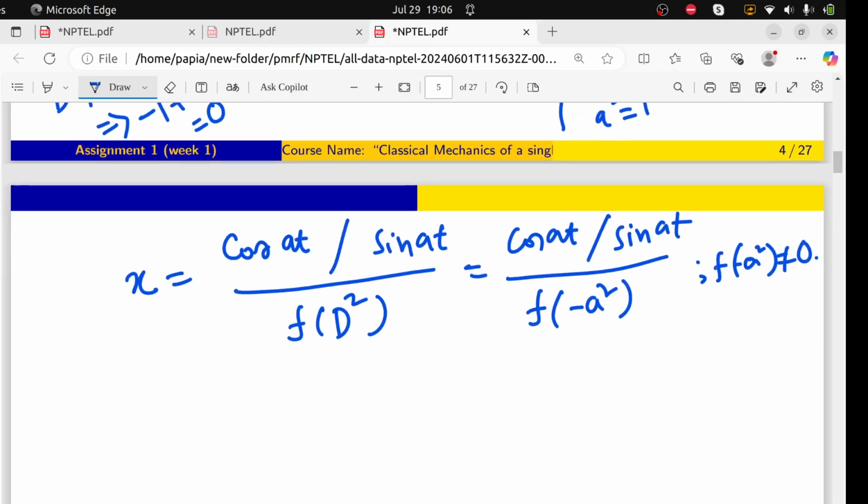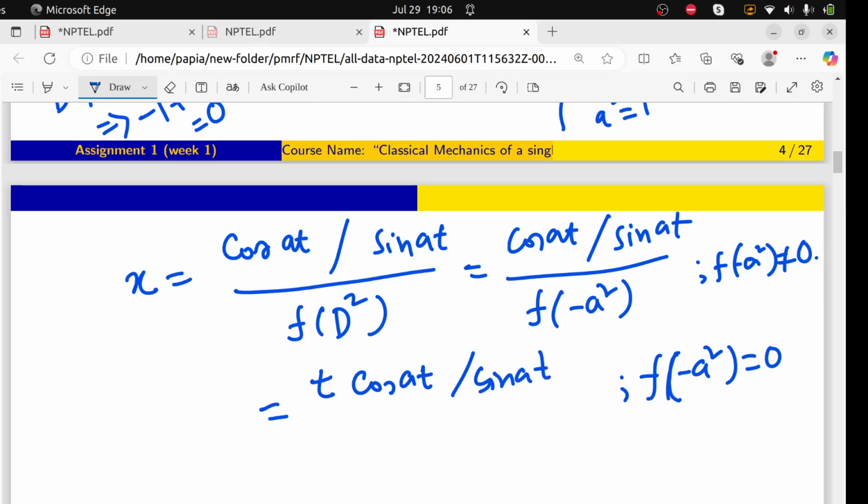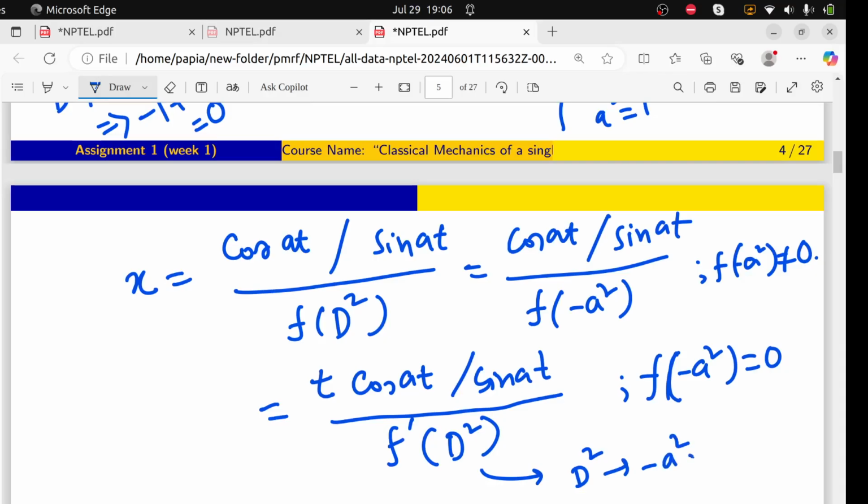But if f of minus a square equals 0, if this condition is there, then what will be the answer? The answer will be simply t will be multiplied, then cos at or sin at divided by the derivative of this denominator. The derivative of this denominator, and then we will put D square as minus a square.